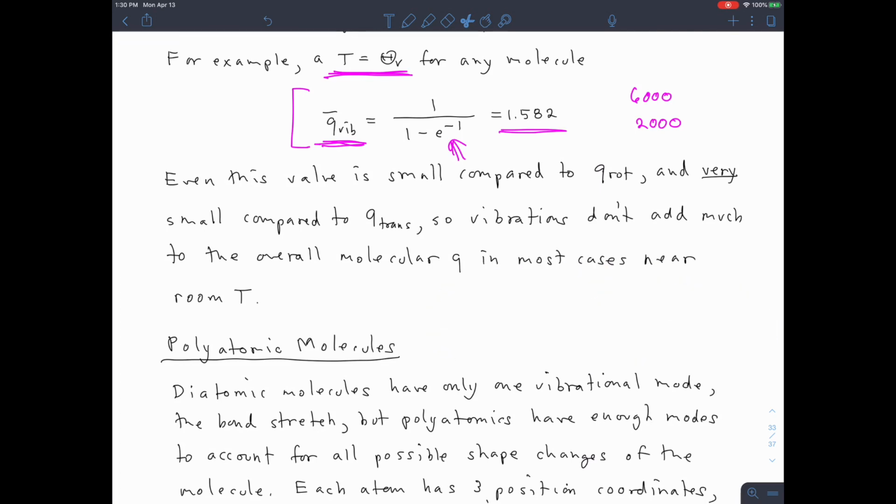And that means that for water, for a nonlinear molecule, there will be 3n minus 6 normal coordinates. And for a linear molecule like CO2, there will be 3n minus 5 normal coordinates.